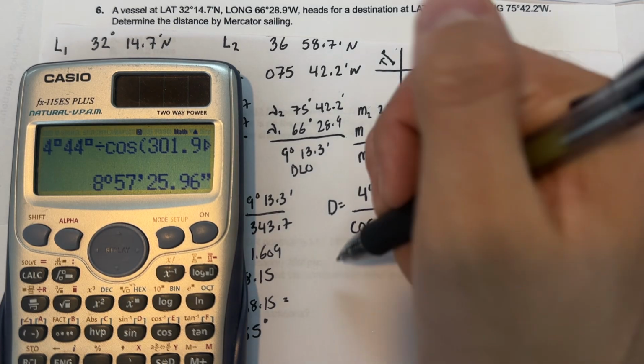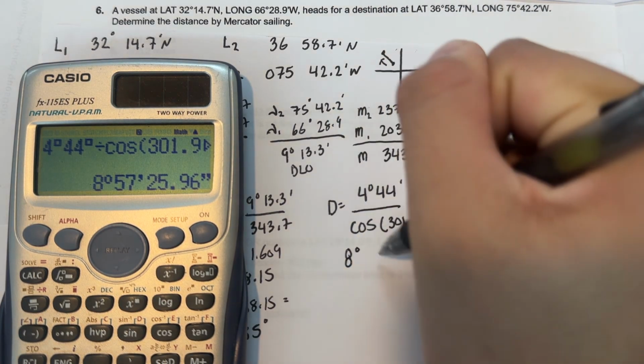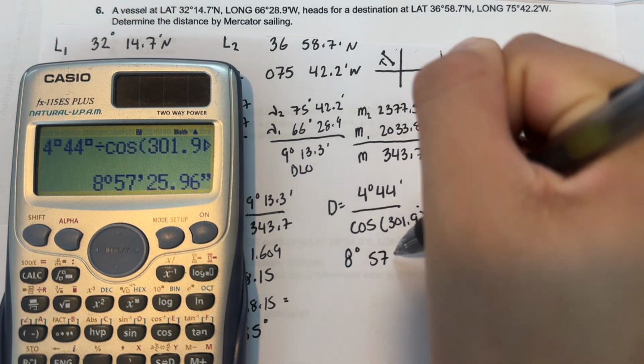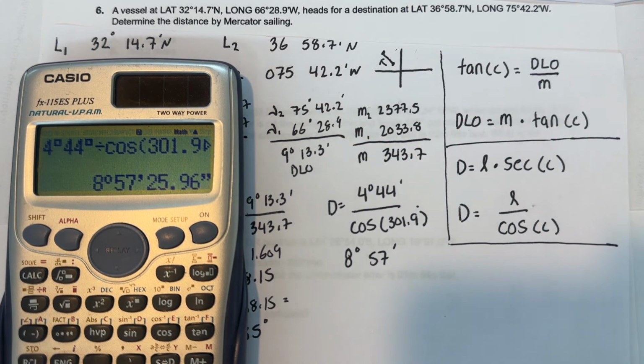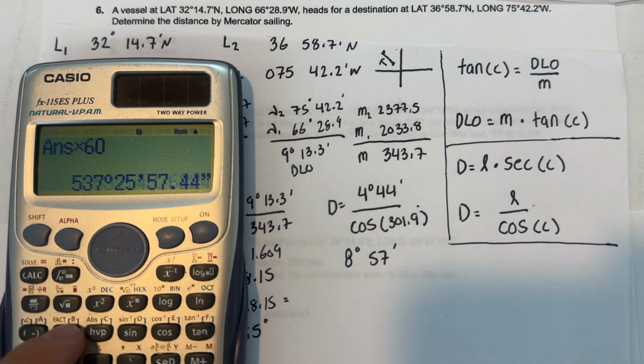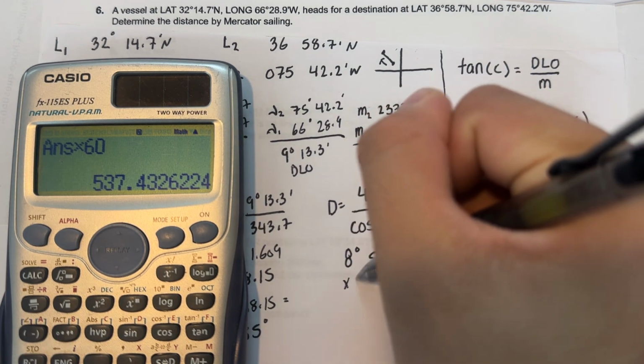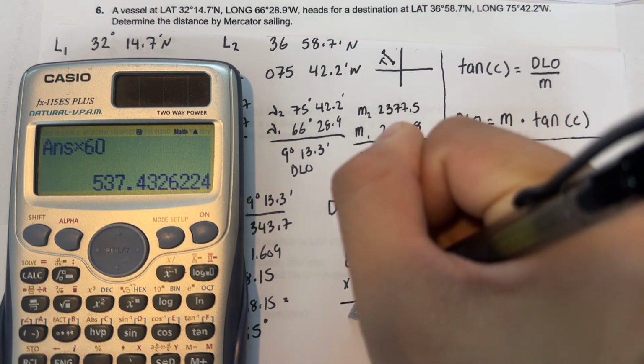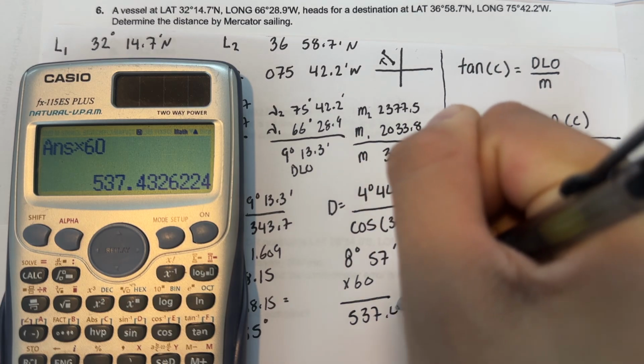We get 8 degrees, 57 minutes. There's 60 minutes of latitude to your degree, so you just times this number by 60 and you get 537.4.